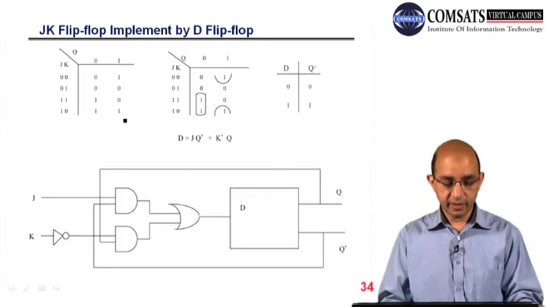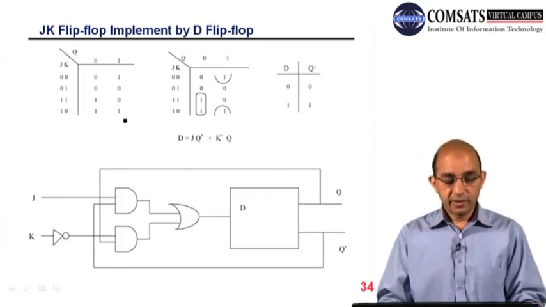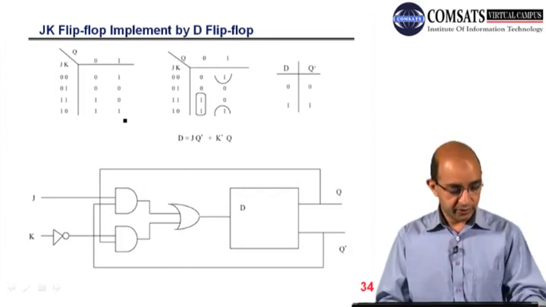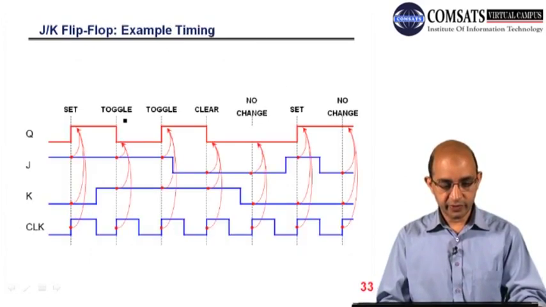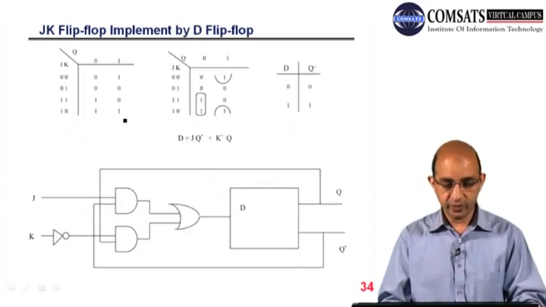So how can we construct the JK flip-flop by using the D flip-flop? Because we already know the D flip-flop, that's why we will try to construct the JK flip-flop by using the D flip-flop.